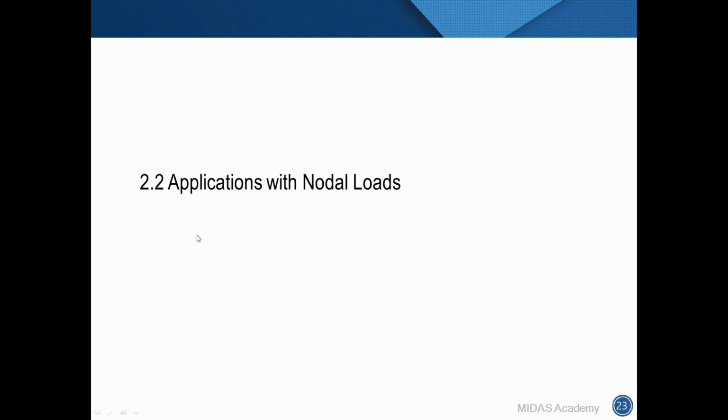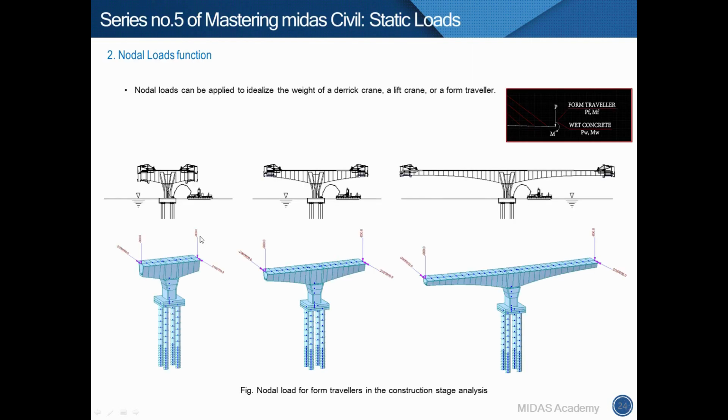The second application is about nodal loads. The nodal loads can be used to consider the weight of devices for construction. The devices could be a derrick crane, a lift crane, and a form traveler, like this. So these are the form travelers. For instance, in this figure, the weight of form travelers and the eccentricity loading of form travelers are considered as nodal loads, like this.